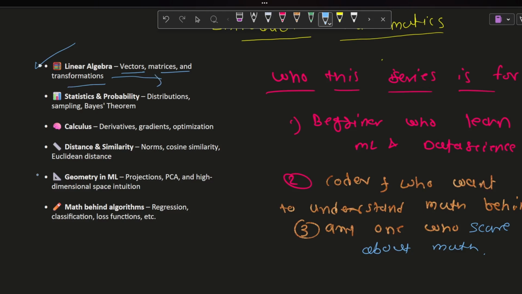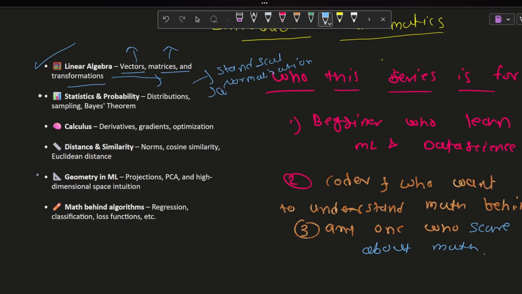In a transformation, we have data and we need to transform it, like standard scaler and normalization. These concepts are very important when you train your models. Similarly vectors and matrix, basic concepts that I hope you know.